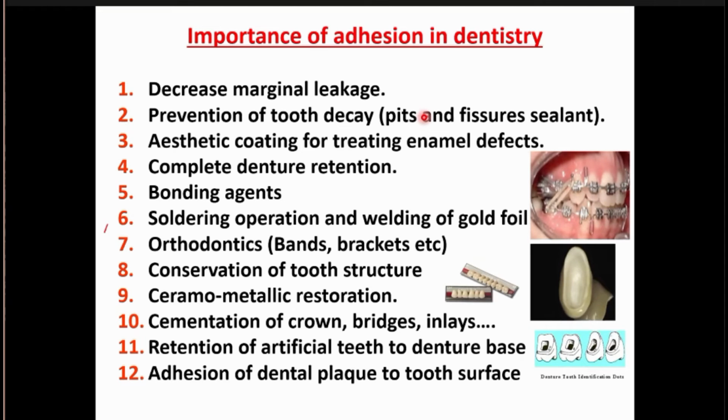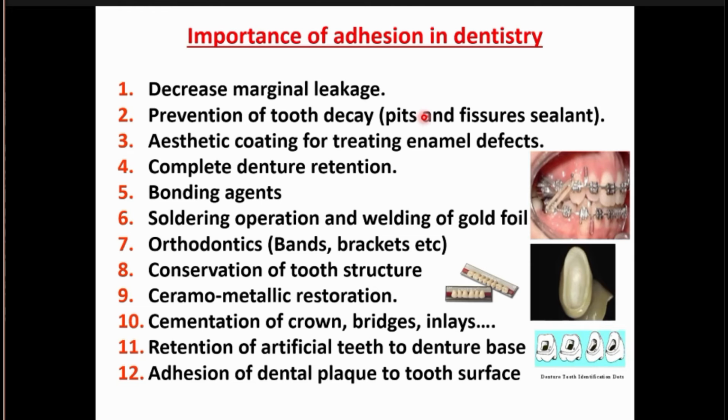Prevention of tooth decay, you will read in the next term, pit and fissure sealant. So it also has the same purpose. We seal the tooth surface so no bacteria or caries can grow. Aesthetic coating, for example, if there is any defect, we can adhere some tooth colored material with the help of adhesion.